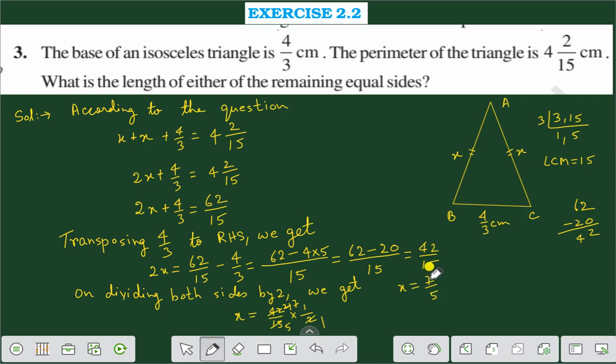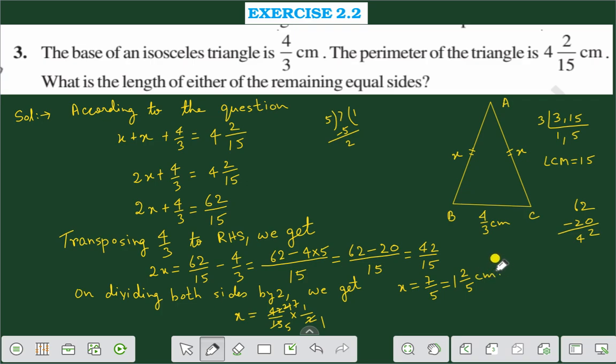Now if you divide 7 by 5, 5 times 1 is 5, 7 minus 5 is 2. It is 1 whole 2/5, that is equal to 1 whole 2/5 centimeter.